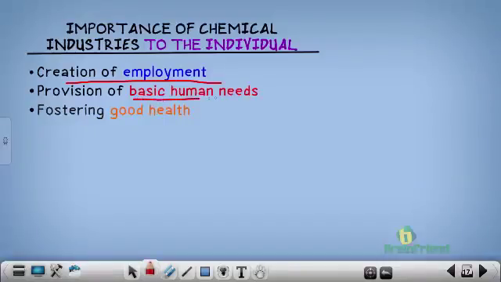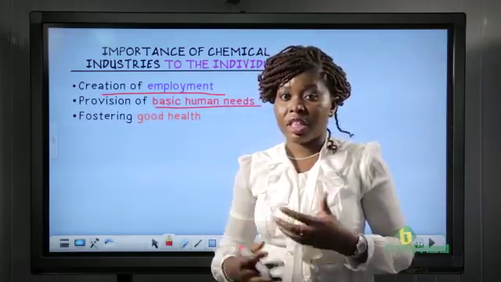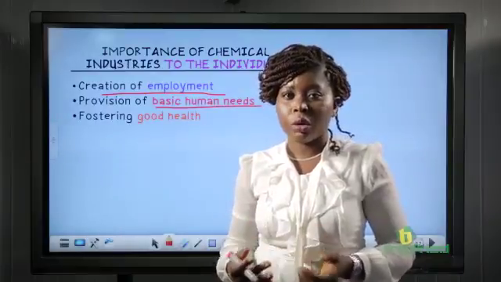Provision of basic human needs. As we have seen, almost everything we use and need is provided by chemical industries. For the food we eat, we have the food and drink industries, making sure that the value of the food we eat is increased and improved at all times.